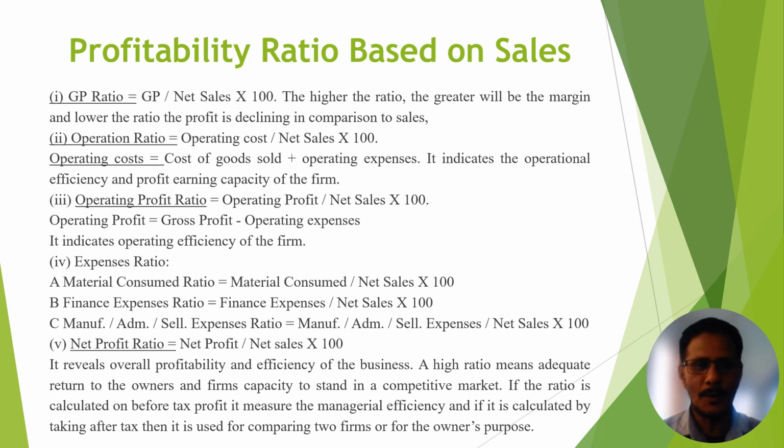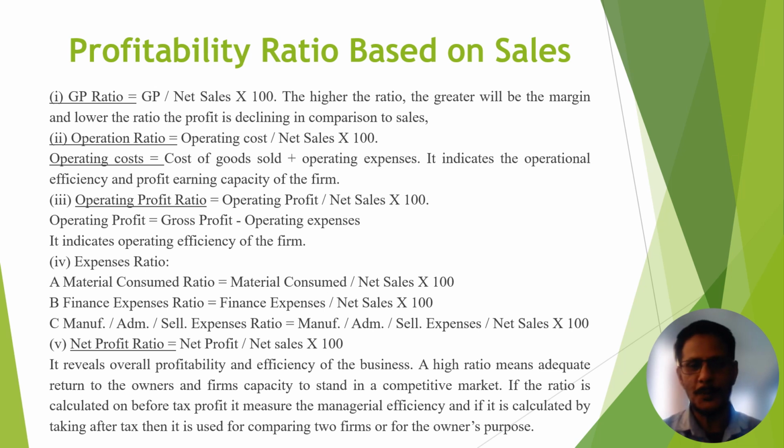Now the overall summary regarding this: it reveals the overall profitability and efficiency of the business. If the net profit ratio is high, it means adequate return to the owner and the firm's capacity to stand in a competitive market.